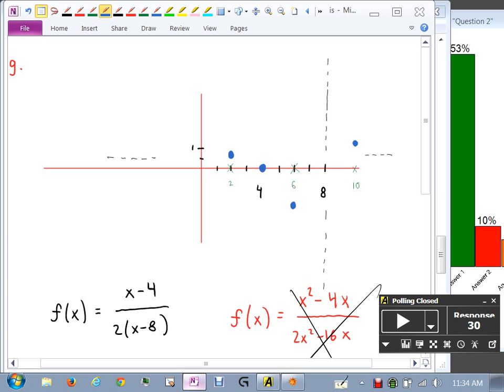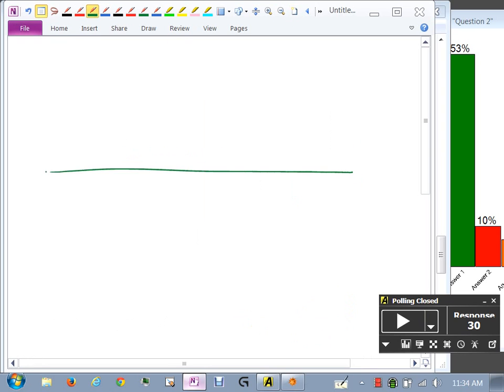I don't know if it's coming from the top or bottom. I do because of the computer picture, but in my picture I don't know. So I'm just going to go like this and flatten out towards it like that. It's okay. You wouldn't get taken off at all for that. This all goes back to this idea. With polynomials, we had left-hand behavior, right-hand behavior, and then we knew touch and cross.